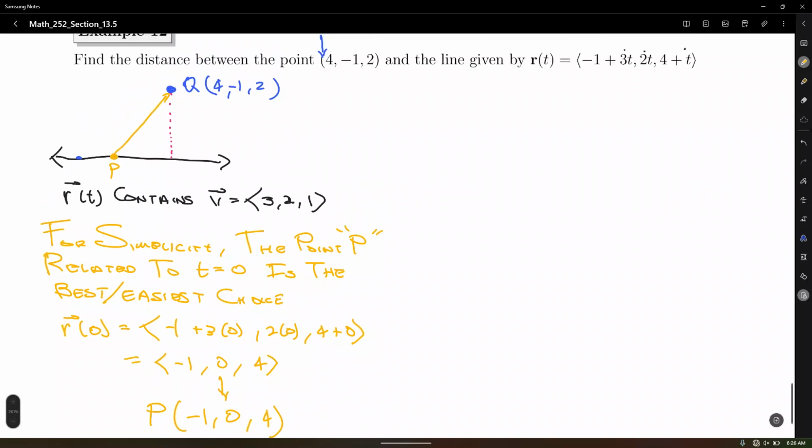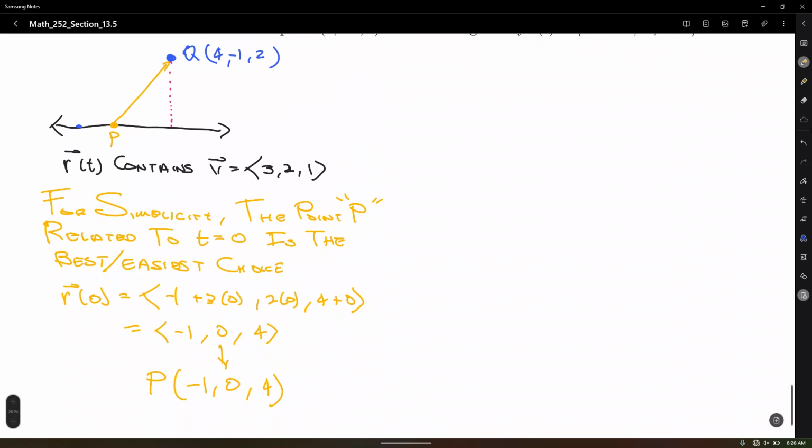So now we may go ahead and define the vector PQ. P, which is what? -1, 0, 4. Okay, so terminal minus initial. 4 minus -1, careful, that's 5. -1 minus 0, that's -1.